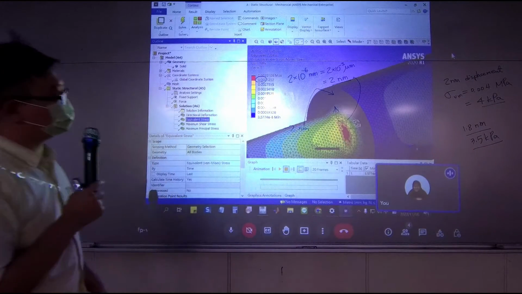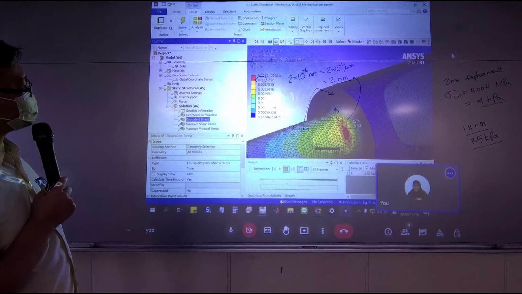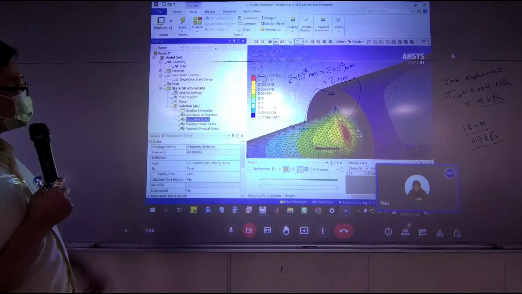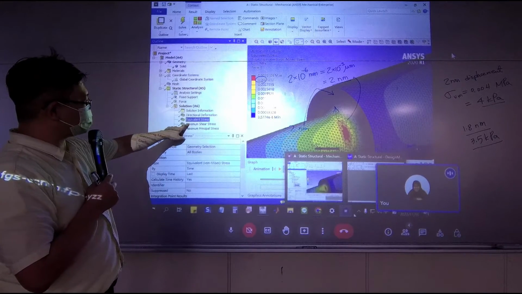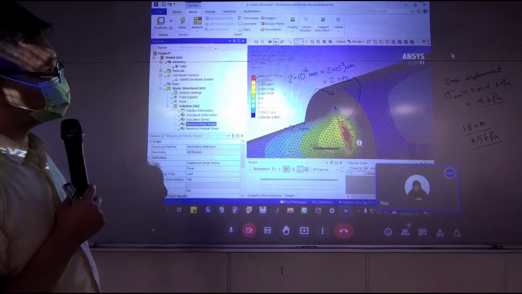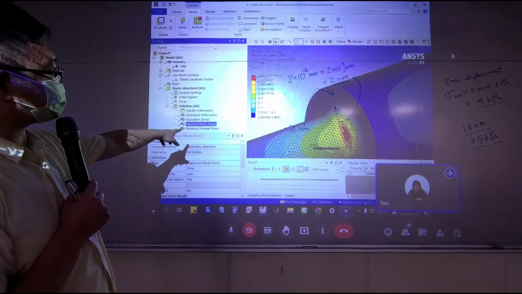Let's make it more interesting. So Ellen, can you go back? Can you see the maximum shear on the left? 最大剪力. Let's see where it is. Okay, also the same place. Okay, let's see maximum principal.